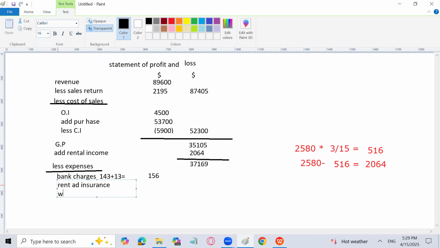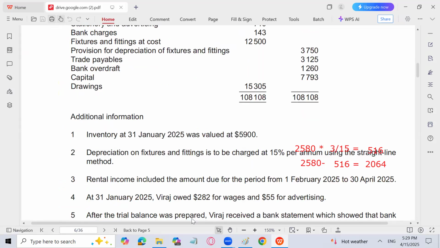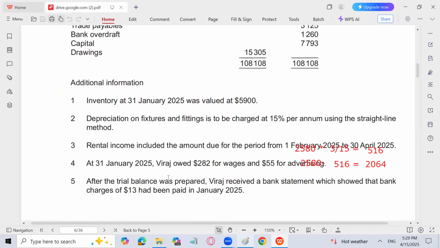Rent and insurance, wages, stationery and advertising. Let's see. Rent and insurance is given 8,760. Is there any adjustment regarding this? No. So I will write 8,760 over here.